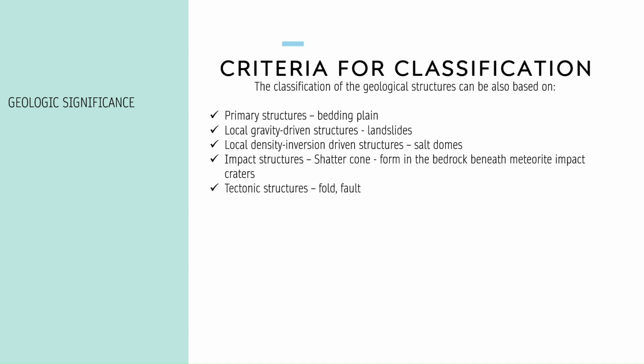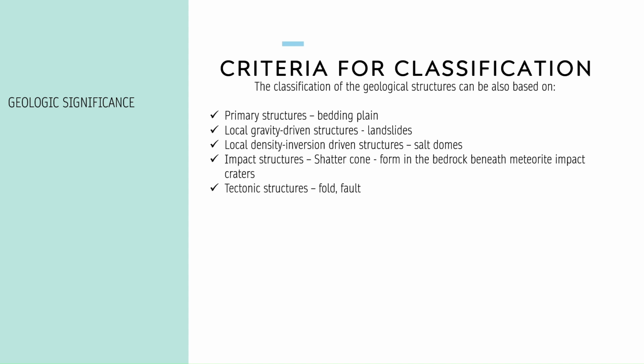So well spaced bedding planes indicate not much change in the geology of the environment, and if you have comparatively closely spaced bedding planes, you can say that is due to a change in geological activities. So the first thing of geological significance is the spacing between the bedding planes.